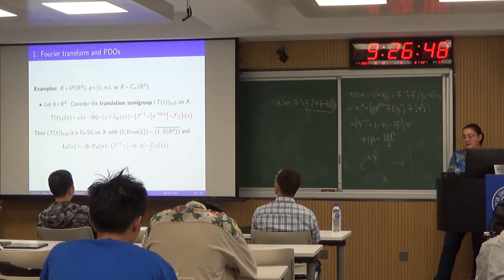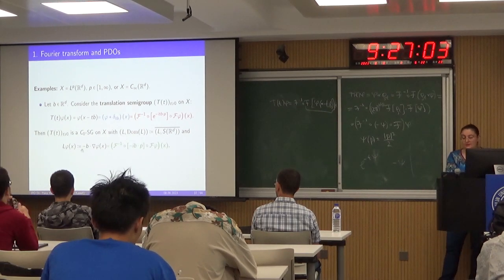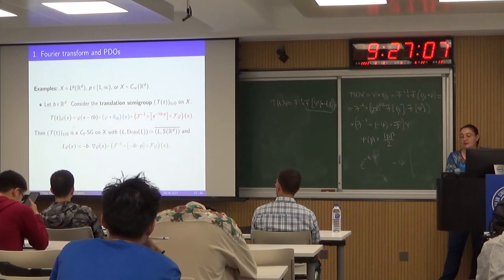Hence, what is written here is nothing else but the first derivative. And this scalar product with B is just the scalar product with B. So we have shown that this operator is a generator of the translation semigroup.